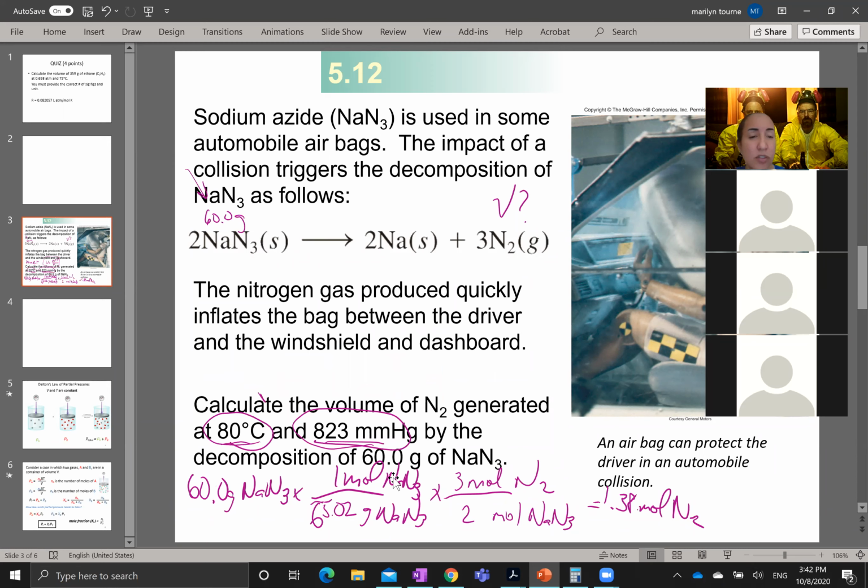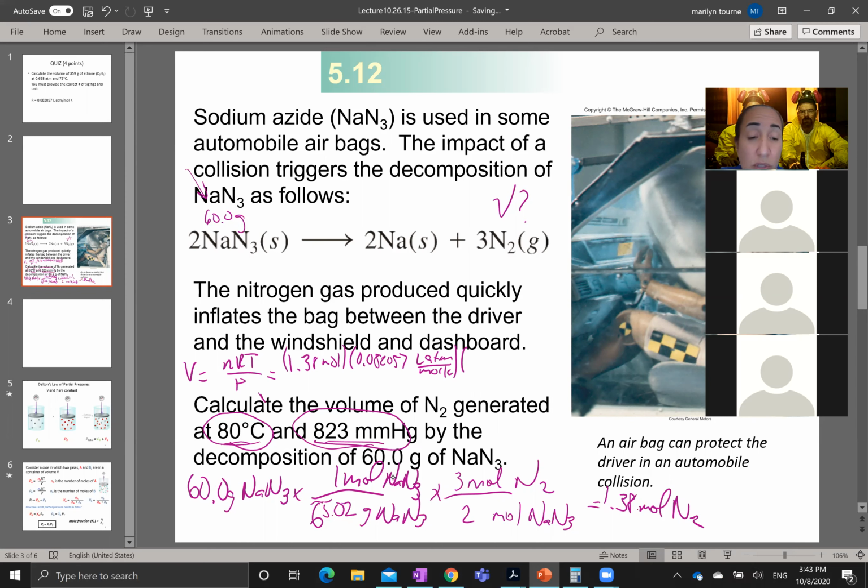Fine. So V is equal to nRT over P. So it would be 1.38 moles, and I'm sorry, I'm writing vertically. R is 0.082057 liter ATM per mole K, times temperature.